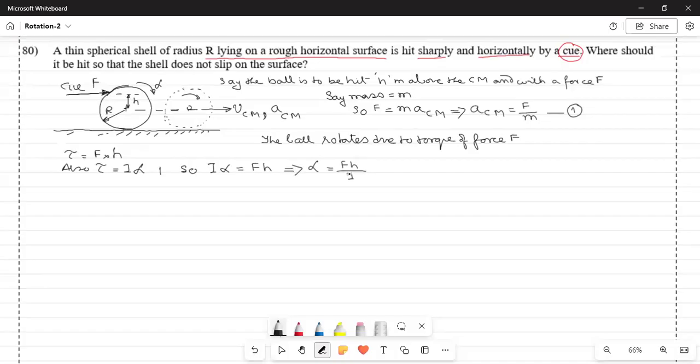Now for pure rolling, because the condition is that the shell does not slip, it only pure rolls.